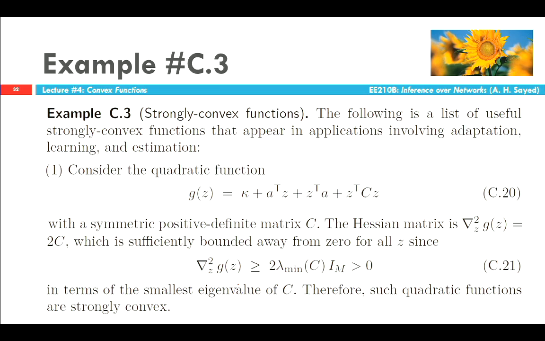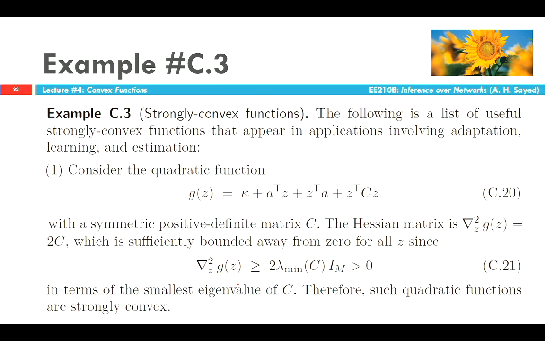Let's take this quadratic function. Is it strongly convex, for example? What's the Hessian matrix here? 2C. I told you last time not to forget the 2. 2C is lower bounded by 2 lambda min of C, the smallest eigenvalue of C. Here I'm assuming C is symmetric and positive definite.